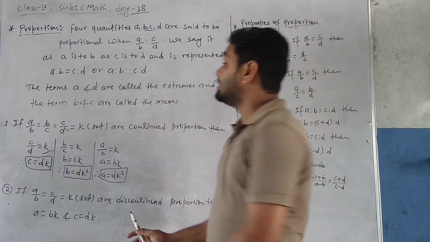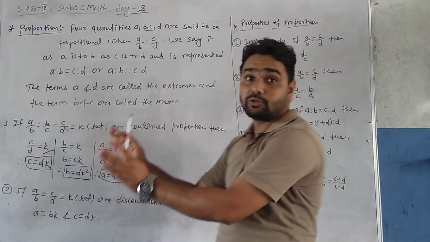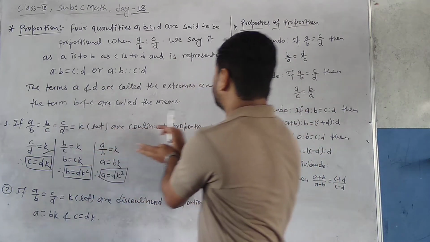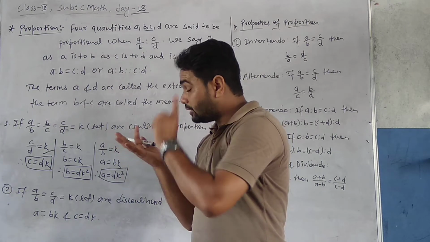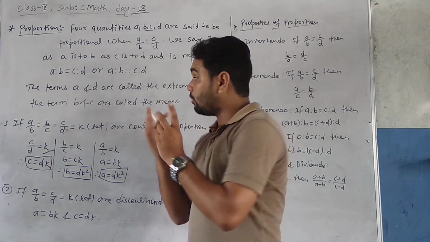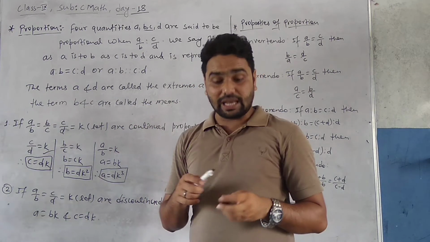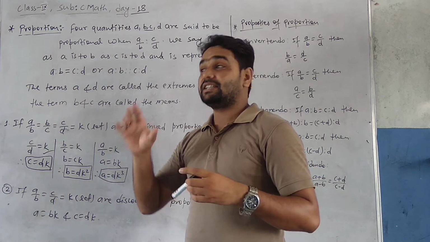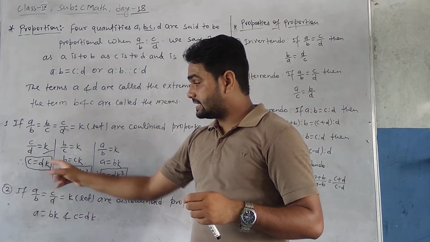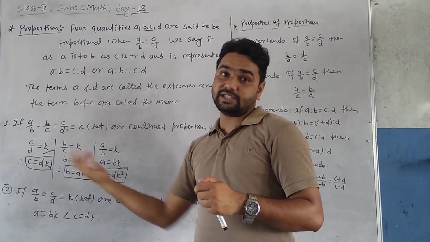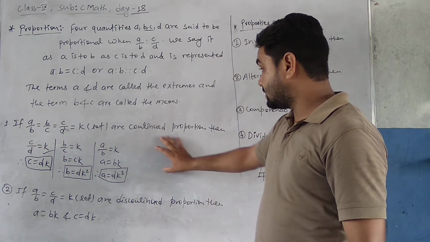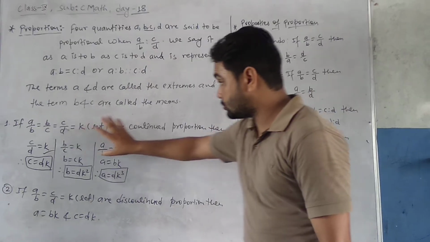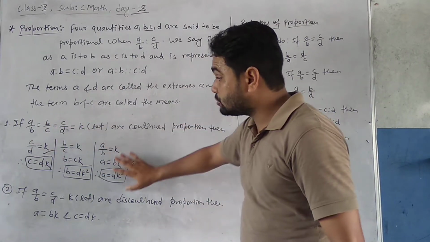In this way, in the continuous type, we write the values of A, B, C in the form of D and K, all three terms. We are going to solve questions on the basis of doing it like this.